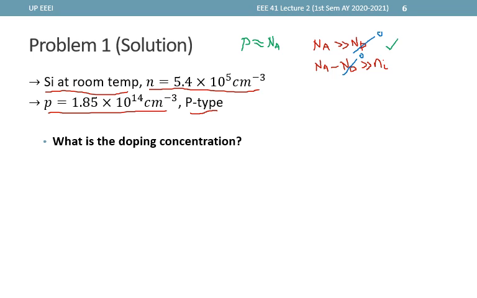So the next question is, is Na, which we are now assuming is approximately p, much greater than Ni? We have here silicon at room temperature, so Ni is again 10 to the 10. So the question is just, is p much greater than Ni? Since p is 1.85 times 10 to the 14, we can consider that yes, it is much greater than 10 to the 10.